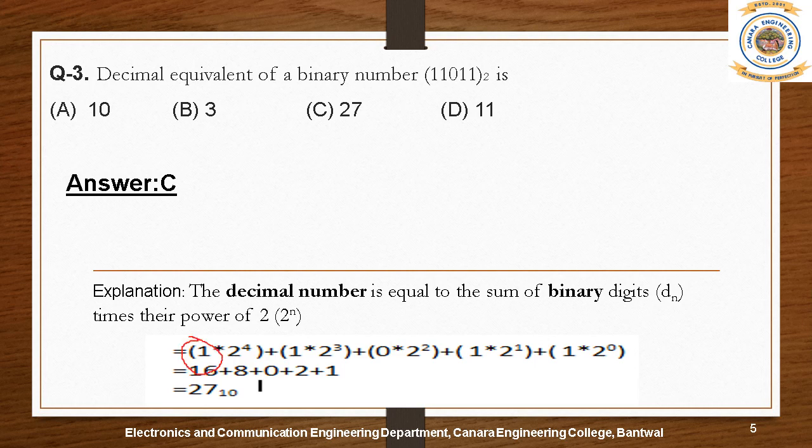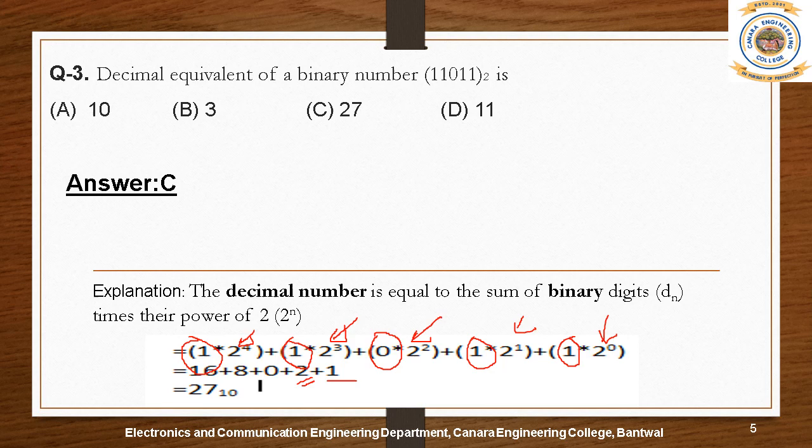This is your first bit. 11011 is multiplied with 2 to the power 0, 2 to the power 1, 2 to the power 2, 2 to the power 3 and 2 to the power 4. 1 into 2 to the power 0 is 1, 1 into 2 to the power 1 is 2, 0 into 2 to the power 2 is 0, 1 into 2 to the power 3 is 8, and 1 into 2 to the power 4 is 16.